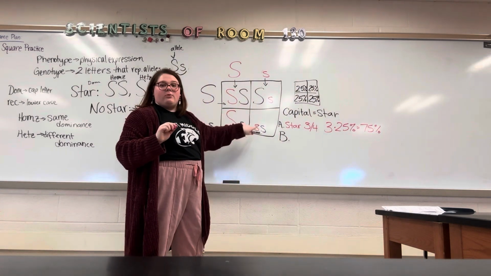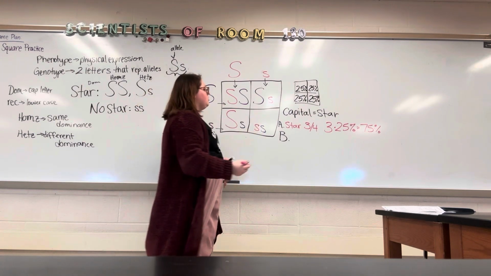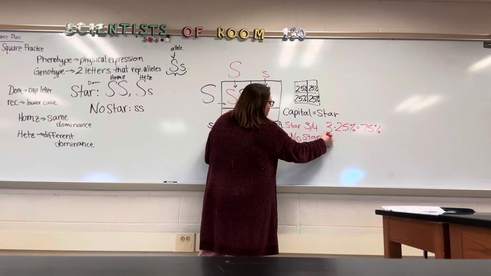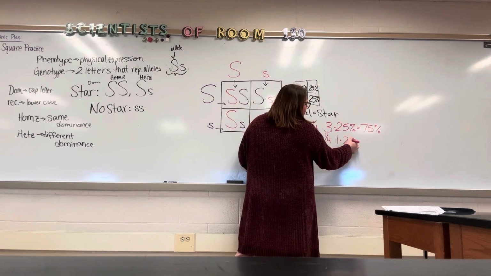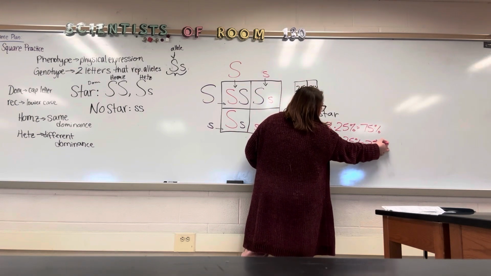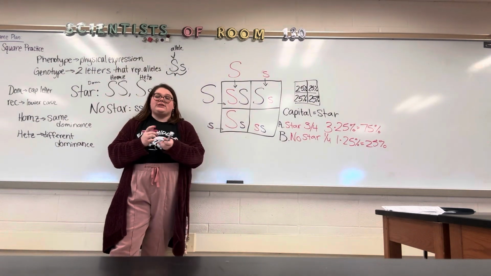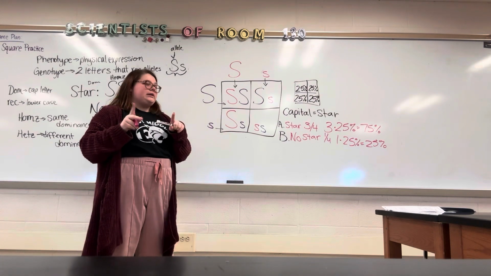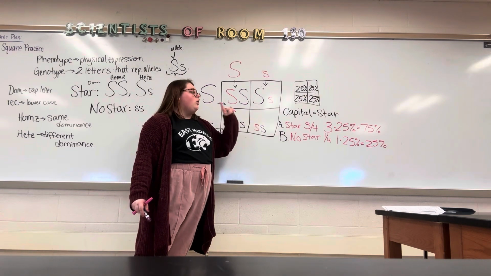This one time that we have lowercase, that is recessive. That's 1/4. And if we do 1 times 25%, it's going to be 25%. So, is it possible for them to have a baby without a star on their belly? Hopefully you said yes, because there's a 25% chance that their baby will have no star.